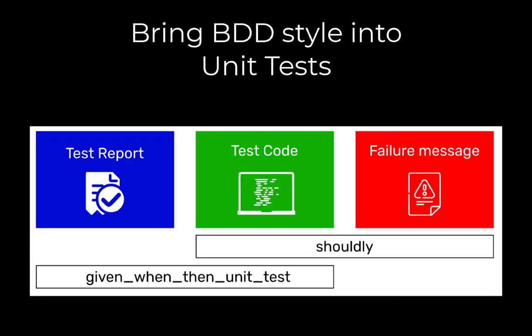Like this, by using BDD style with 2 Dart packages, we have improved our test code to make it more readable and expressive. We have got live readable documentation of our software and nice fail messages when something is broken. And in the following video, I will show you how to write unit tests for more exciting and complex scenarios.